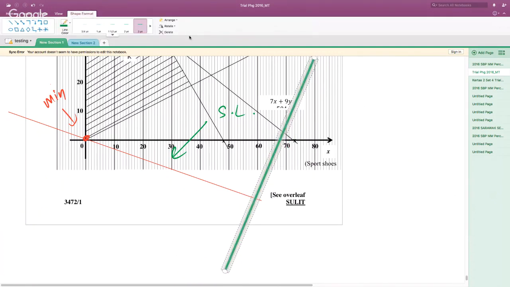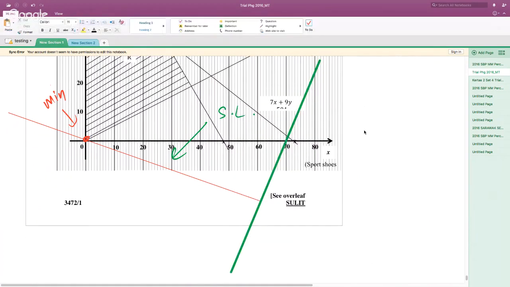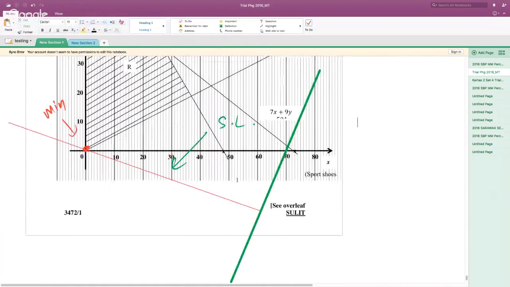I make this line thicker a bit. Let's say the green color is your ruler. You make sure your edge touches the green ruler, and then you can move it parallelly.